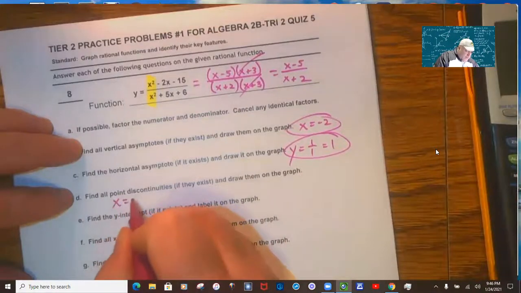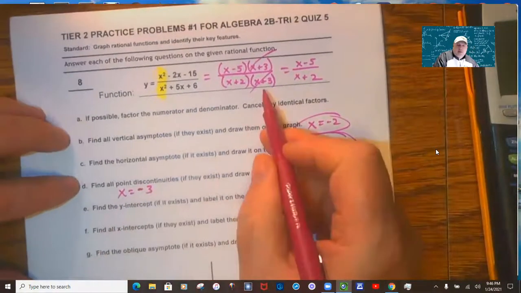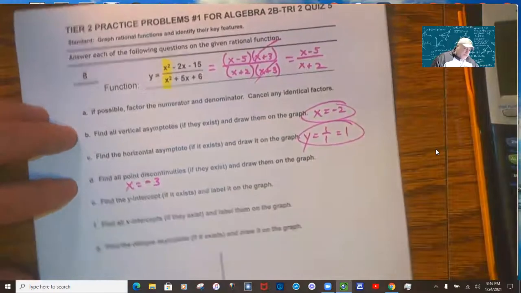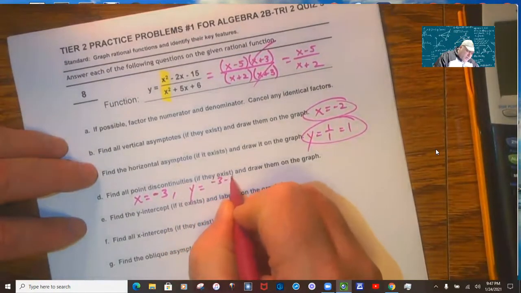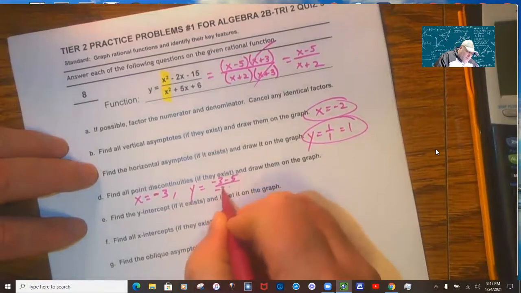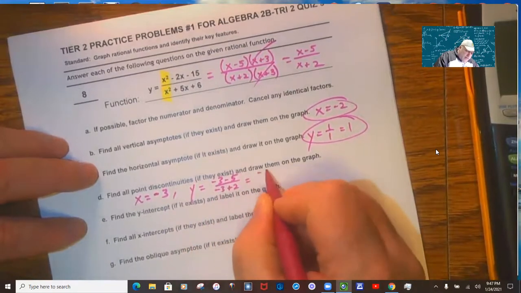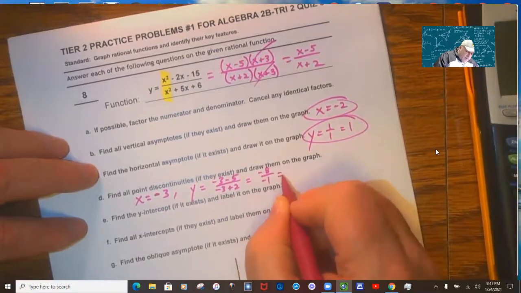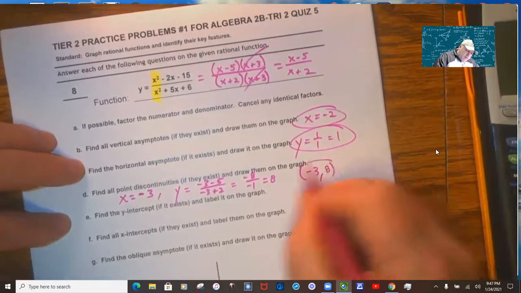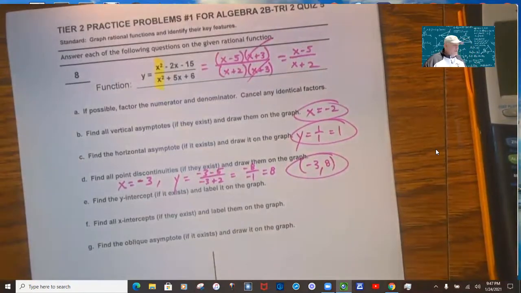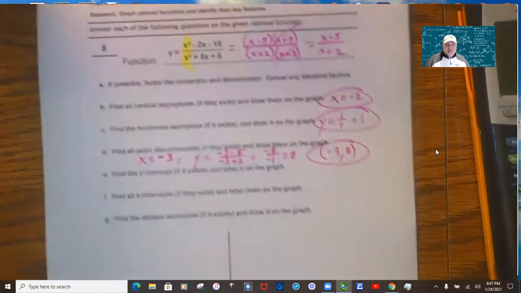So it's going to be -3. Set the cancel factor equal to 0, and then take that into what's left. And you should write this out. So this is -8 over -1, which is 8. So -3, 8. And you should check that out on your calculator just to make sure.